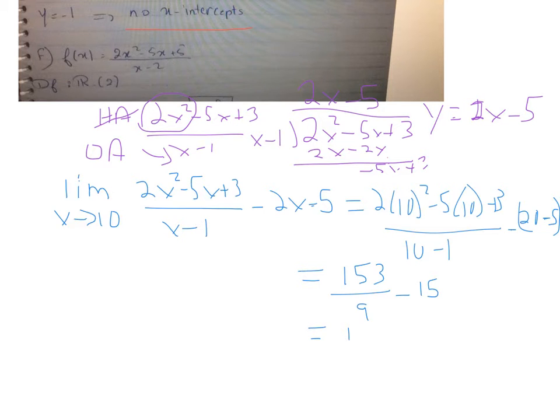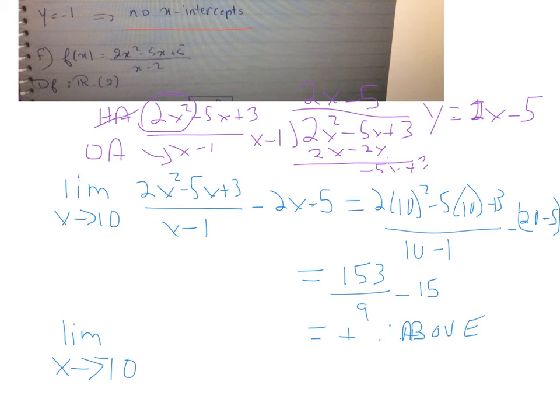And so this is going to be positive when we work it out, and that tells us that the curve is above the horizontal asymptote, or the slant asymptote in this case, okay? So you would do the same thing. I don't think I need to write it out here, and the video is getting a little long.